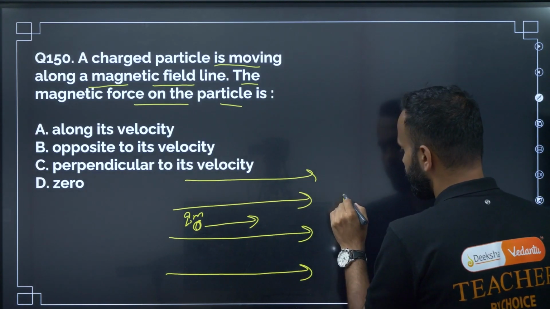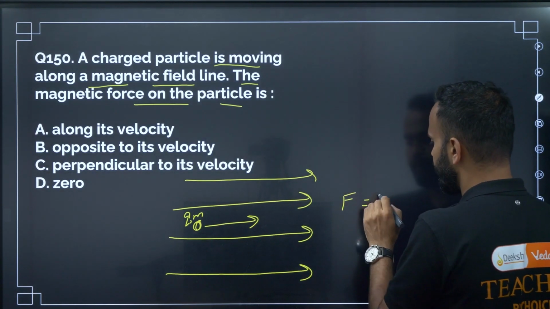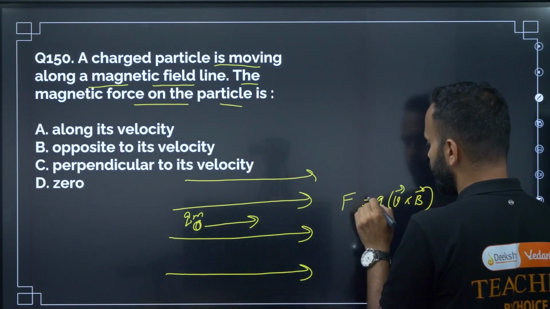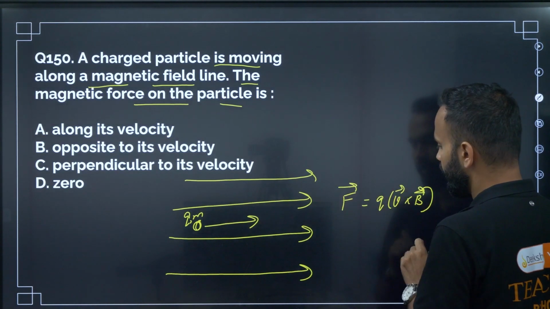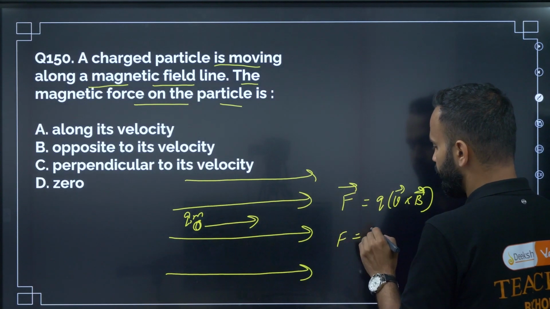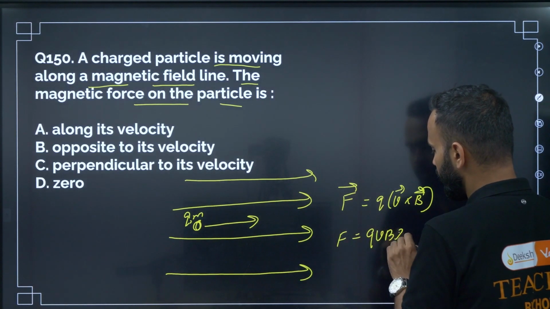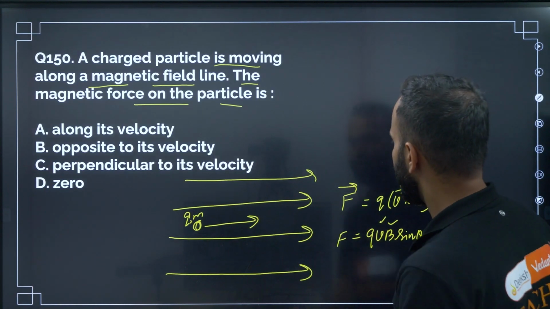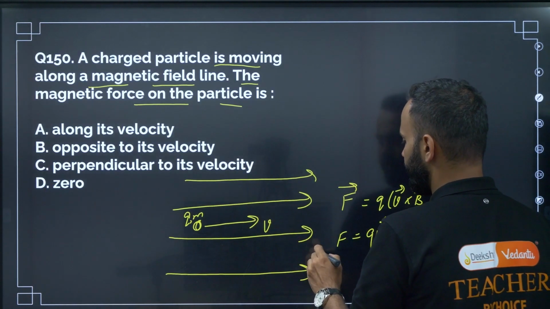The force on the particle due to the magnetic field is F equal to Q into V cross B. In magnitude, F equal to QVB sin theta, where theta is the angle between V and B.